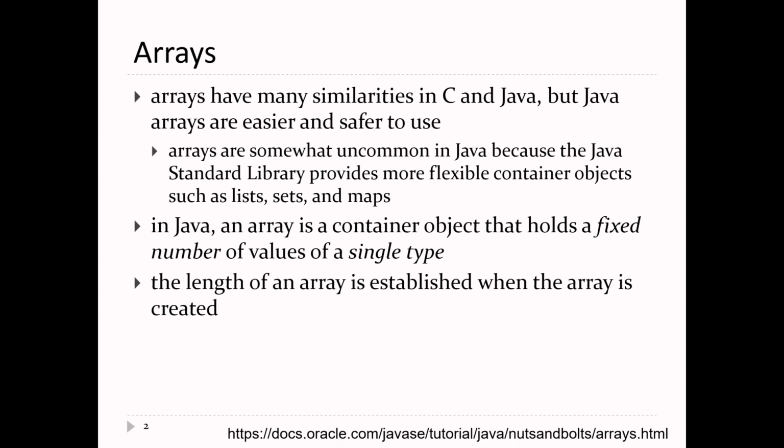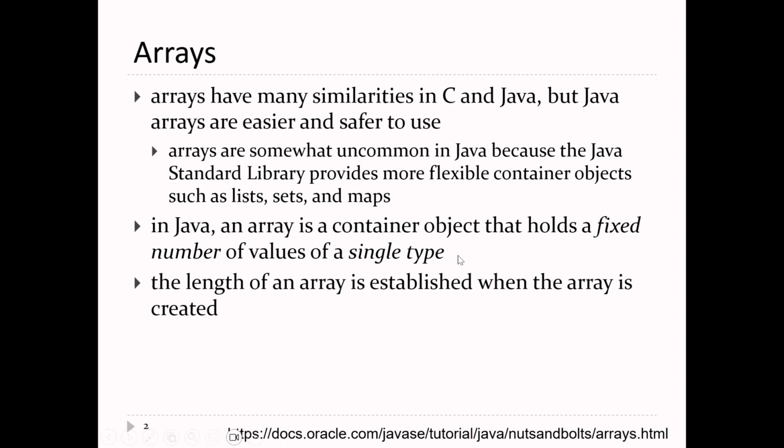In the Java standard library, you have all sorts of data structures already built into the language. If you wanted something like a resizable list, it's already there for you in the library. You don't have to do it yourself. In C, if you wanted a resizable array, well, there are no resizable arrays, so you have to deal with reallocating the array and so on and so forth. So arrays in Java are there, but they're somewhat uncommon.